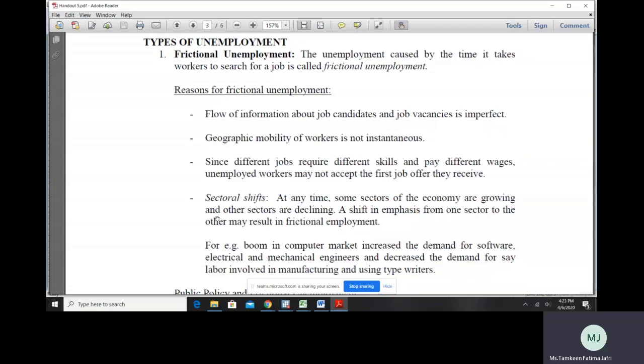Whereas demand for construction workers, demand for industrial workers, that is declining because आजकल ये सब factories, industries बंद पड़ी हुई हैं.